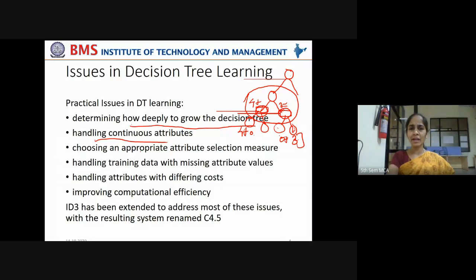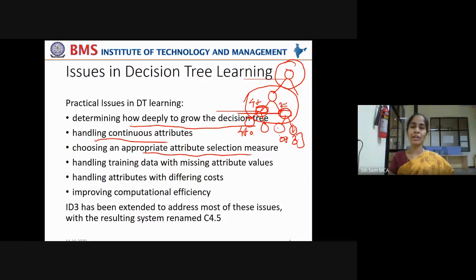Now, choosing an appropriate attribute selection measure. How to select the appropriate attribute selection measure? Whether I should select information gain, or entropy, or what other measures we should select in order to choose the appropriate attribute that can be taken as the split point in the decision tree.